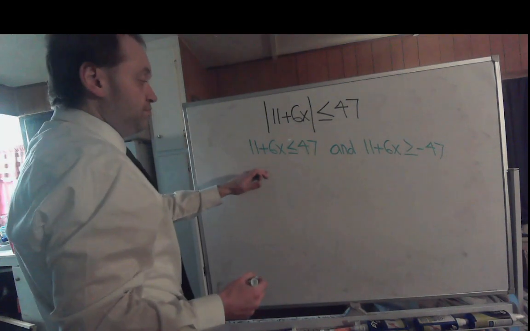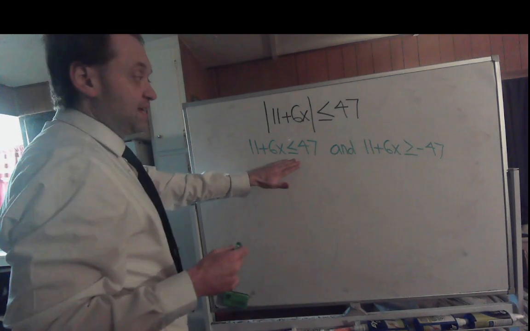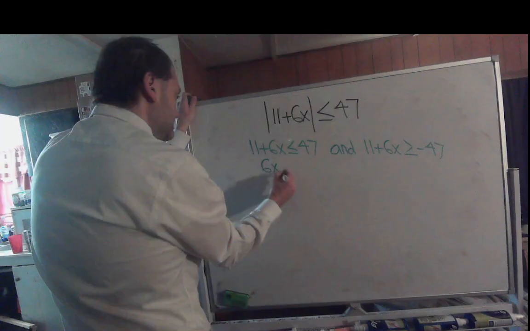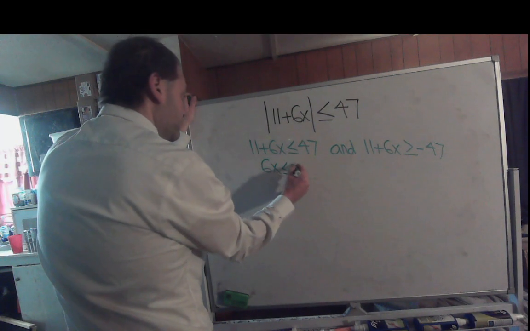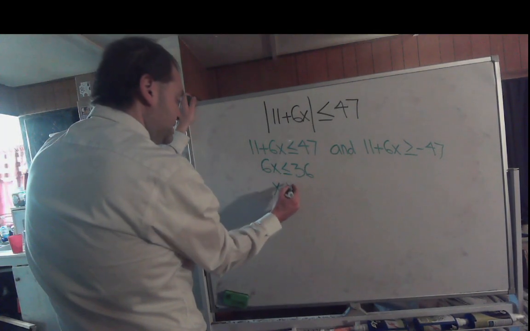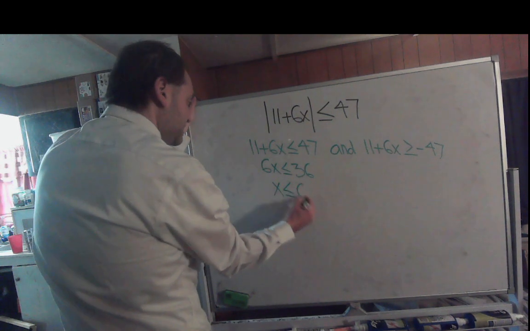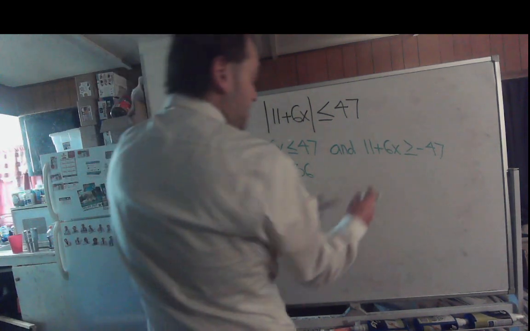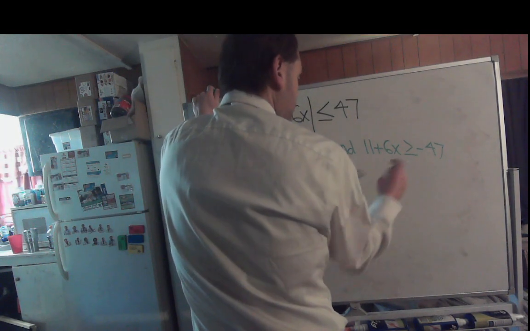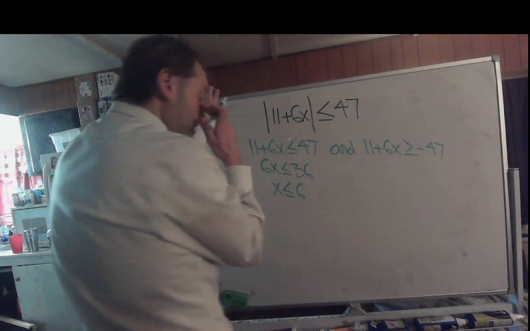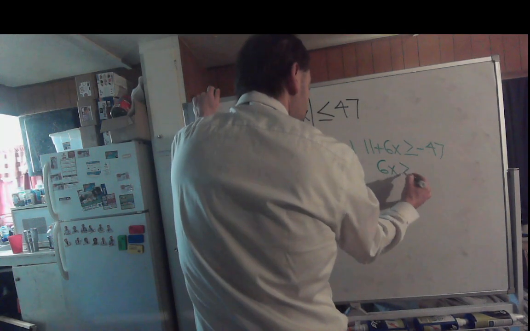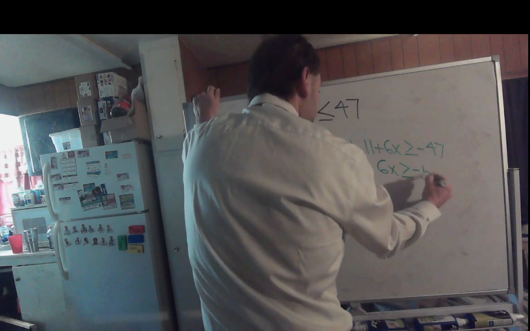Now solve for 11 plus 6x is less than or equal to 47. You would get that 6x is less than or equal to 36, which would give you that x is less than or equal to 6. Now, we have that 11 plus 6x is greater than or equal to negative 47. You subtract another 11, you'll have that 6x is greater than or equal to negative 58.